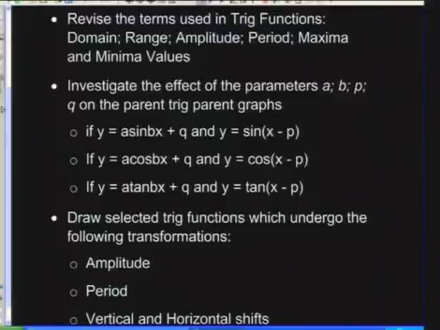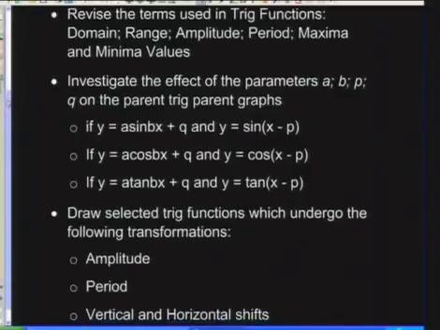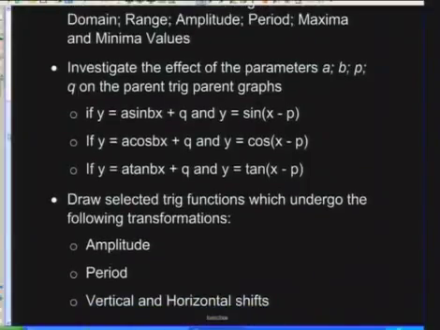And then we're going to do that for the other trig functions, the cos function and tan function as well. And then I'm going to draw very selected trig functions which undergo the transformations of amplitude, period, vertical and horizontal shifts, focusing on these 4 transformations because that's what we'll be asked to sketch for examination purposes.